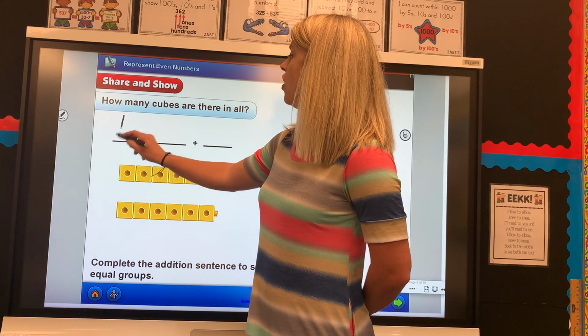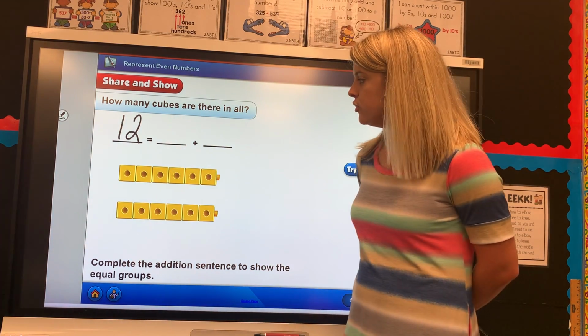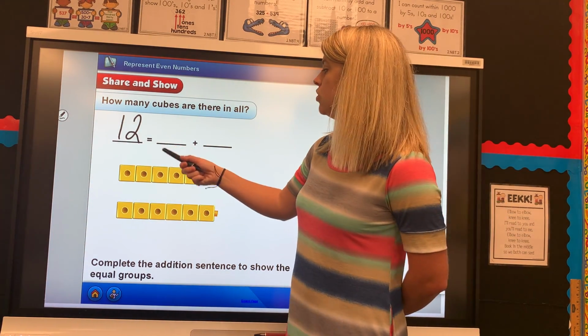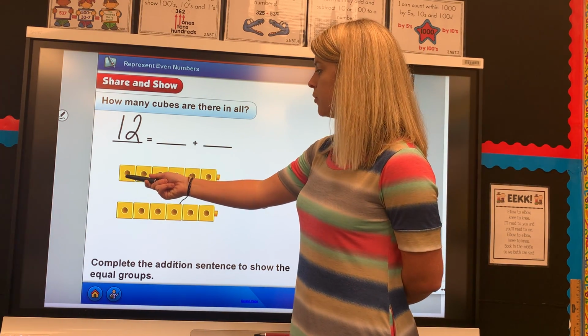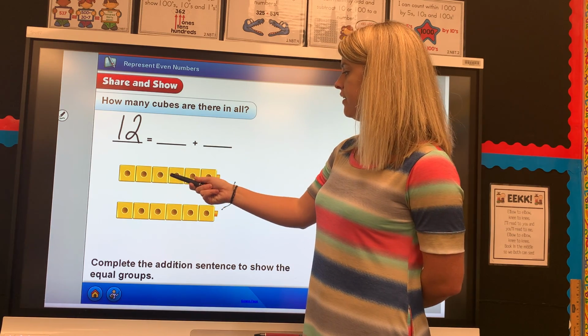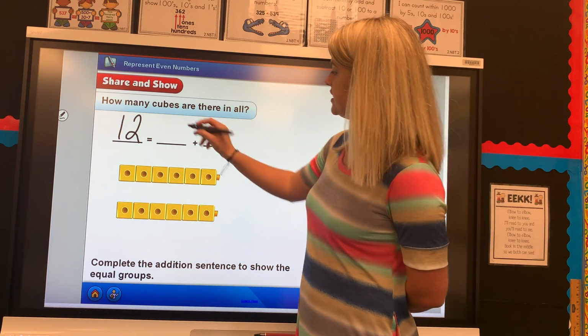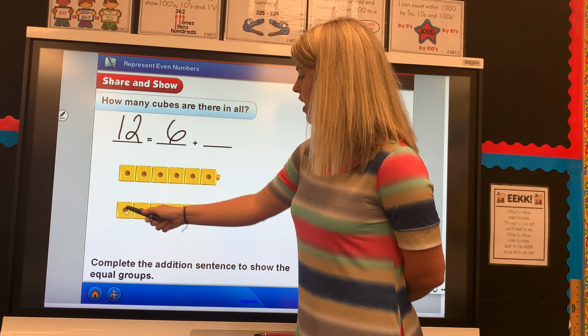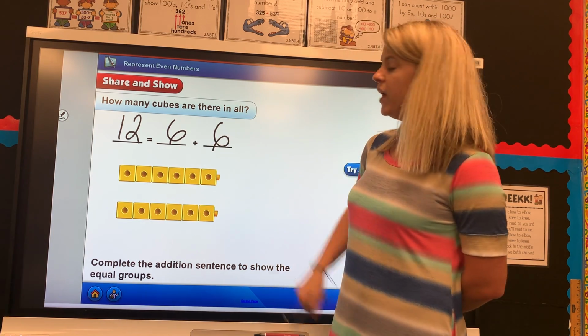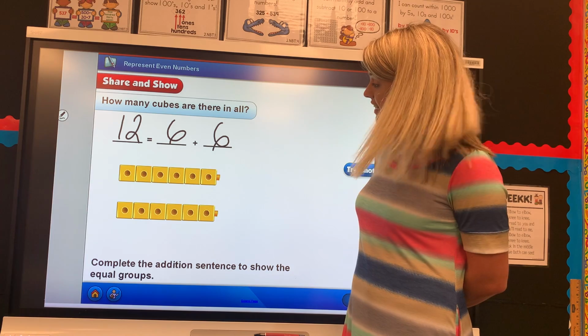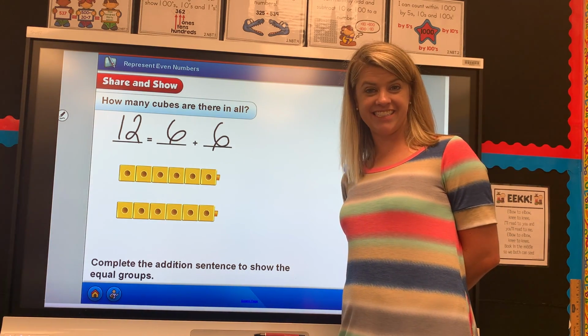So there are 12 total cubes, and that equals what plus what? Well, we need to see how many are in the top group. 1, 2, 3, 4, 5, 6 plus 1, 2, 3, 4, 5, 6. So 12 cubes is equal to 6 and 6.